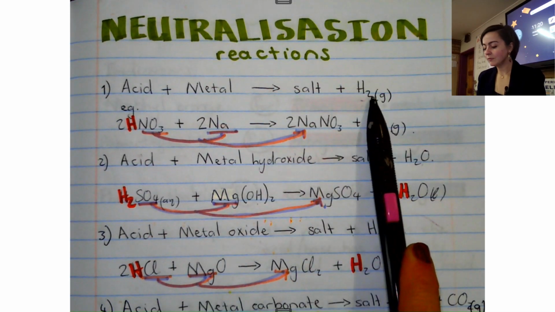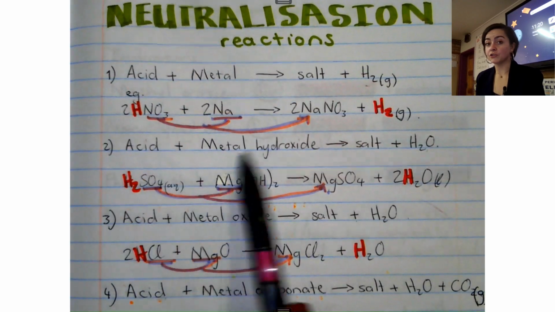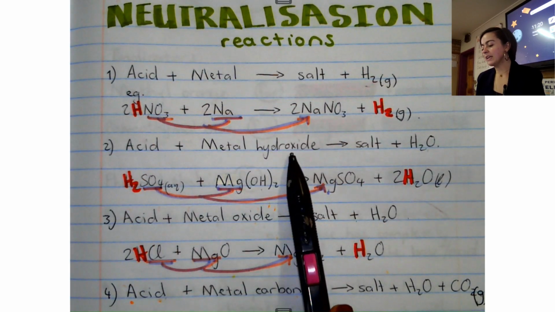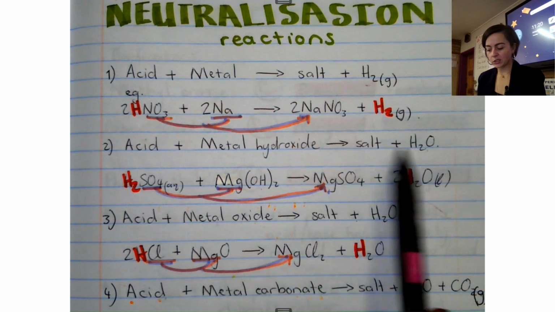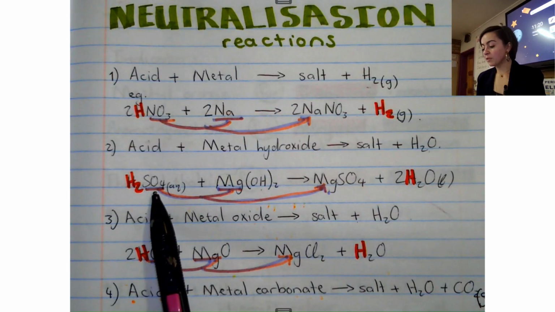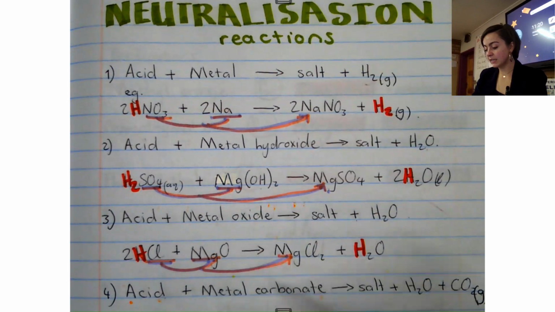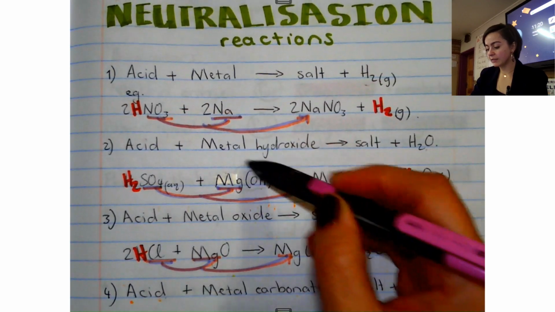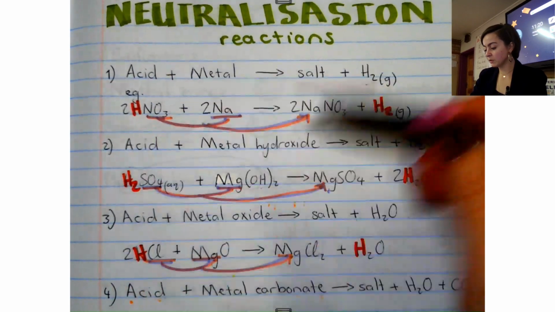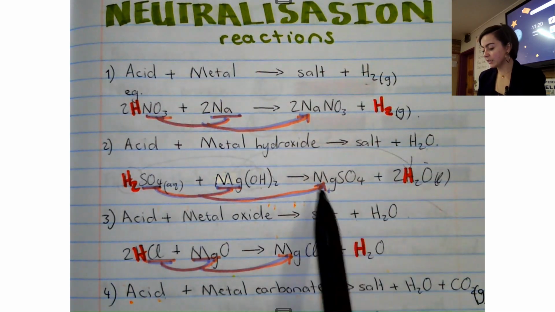Now, if we, however, have an acid and a metal hydroxide, now we'll get salt and water. So H2SO4, sulfuric acid, with magnesium hydroxide. Now you'll see that this and that forms my water. All right, and then there is the salt.